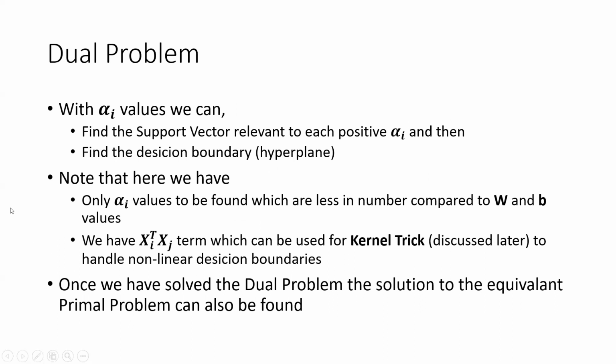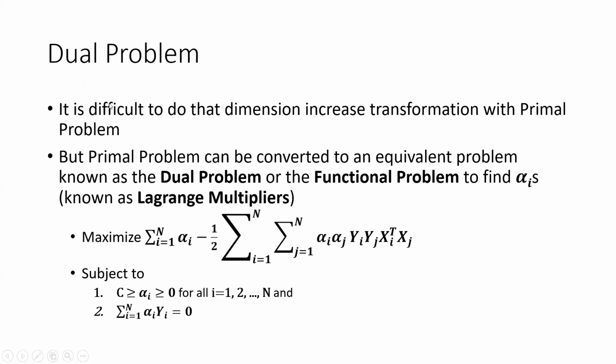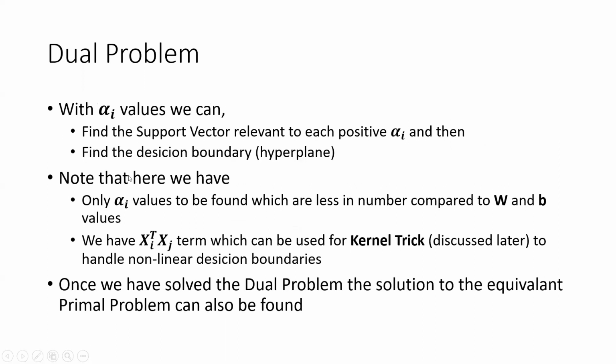So the idea of having alpha i values, or the Lagrangian multipliers, is that once we find these alpha i values, most of them would be zero, right? But there would be some alpha i values which would be positive, which are relevant to the support vectors.